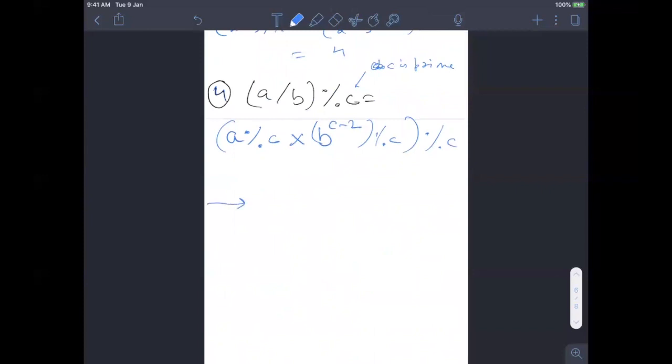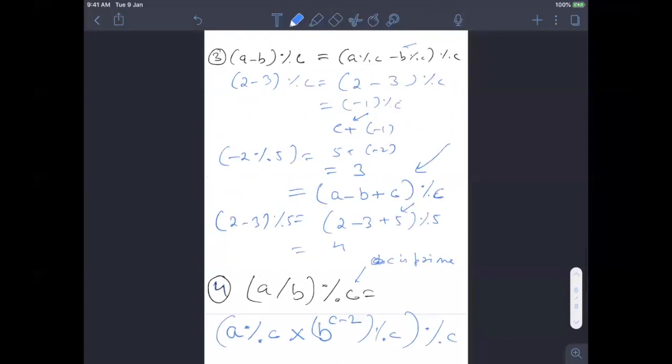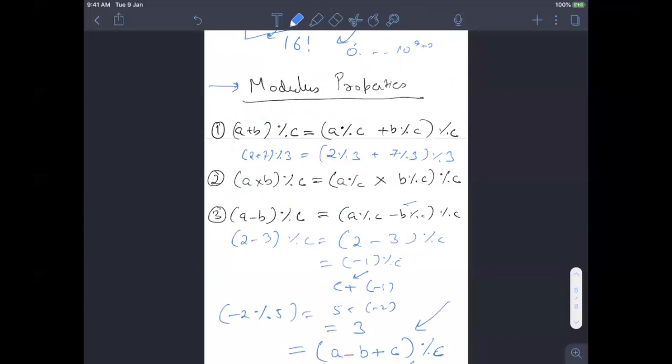So the question was to print 100 factorial mod C, right? If I look right now, the problem is I cannot store 100 into 99 into 98 into 97 till 1 in a single number. So let's say it is simply 100 into 99 into 98 till 1 mod this C. But now as I know the properties, (A into B) mod C can be written as (A mod C) into (B mod C).